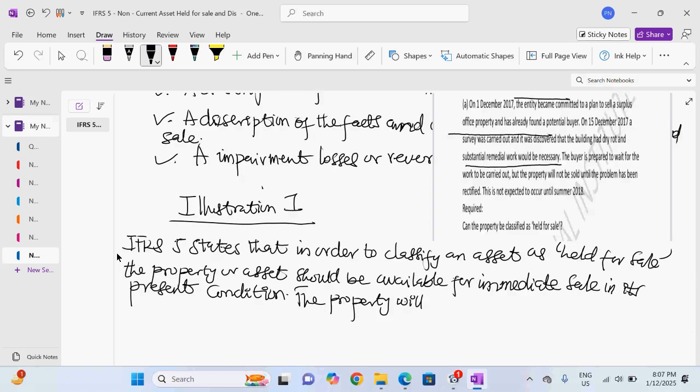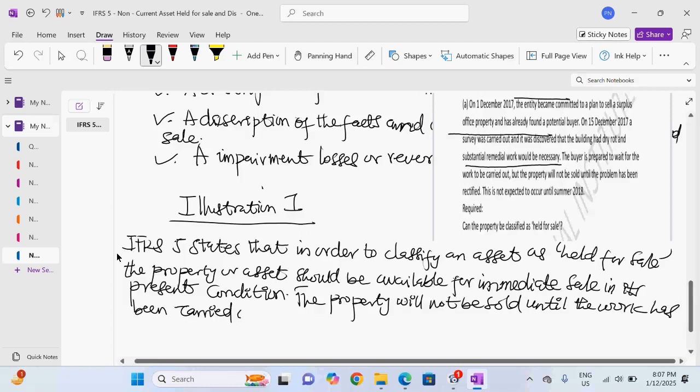The property would not be sold until the work has been carried out, demonstrating that the facility is not available.